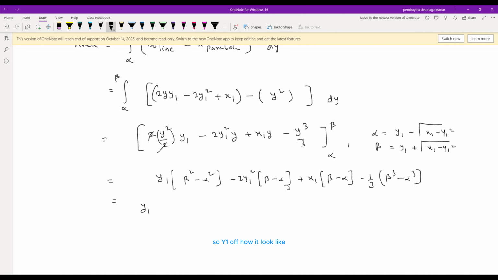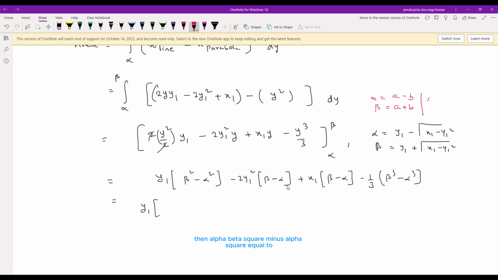So how does it look? Beta square minus alpha square: you can see here alpha and beta values, a plus b whole square minus a minus b whole square. For example, say alpha is equal to a minus b and beta is equal to a plus b.